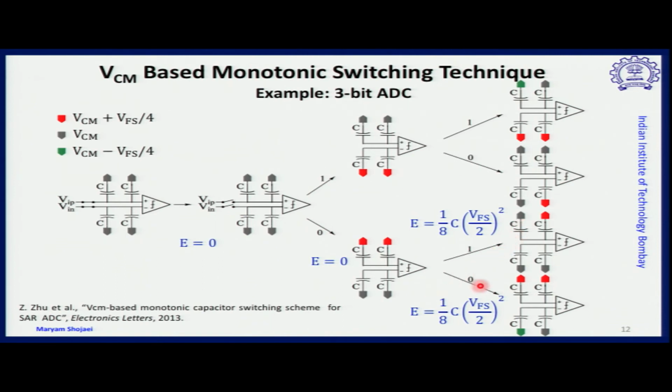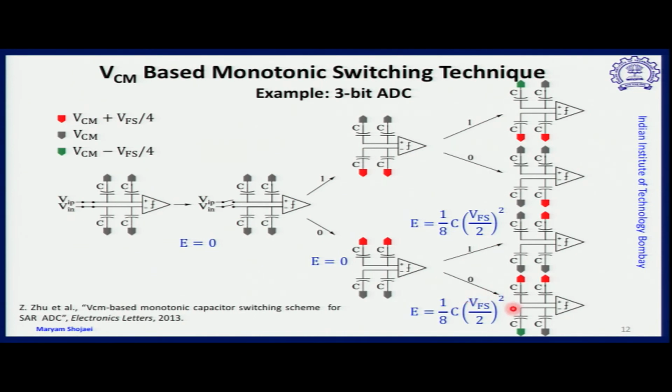If the output of the comparator is 0, that means V in N is more than V in P. Eventually, that means the negative terminal is more than the positive terminal. What I mean by V in P, V in N, sometimes I use them instead of positive and negative terminals of the comparator. So in this case, the negative terminal is more than the positive terminal.